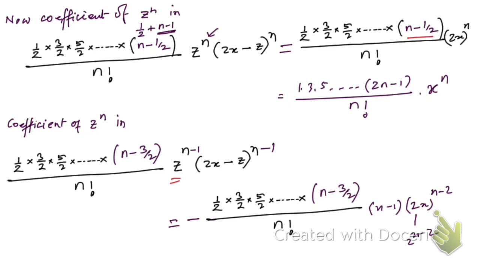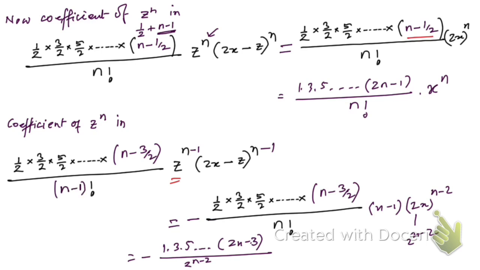Similarly, like the previous term, here also we're gonna get this minus 1 into 3 into 5 into dot dot dot. If you take the LCM, that's gonna be twice n minus 3 divided by 2 to the power n minus 2, and I forgot to put one more thing, this factorial n should be n minus 1.